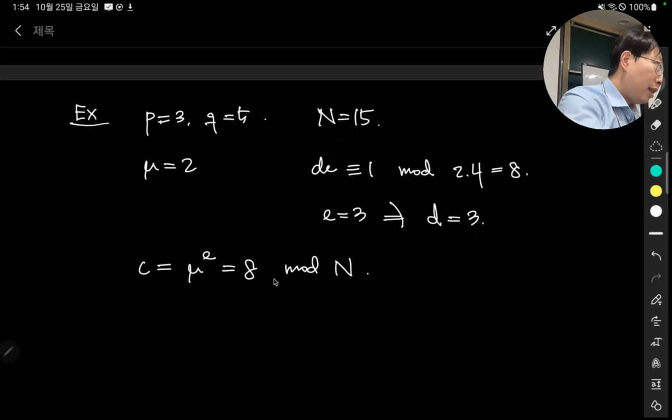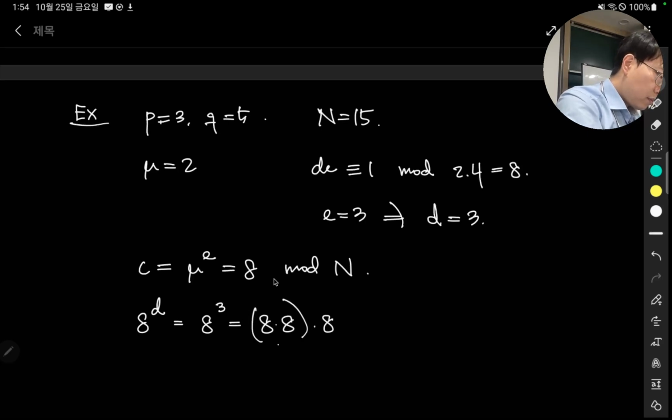And what does Alice do? 8 is the received encrypted message, and Alice is trying to decrypt by using D. So 8 to the power of 3. You can do it by first 8 times 8, which is 64. And we're trying to mod out by 15.